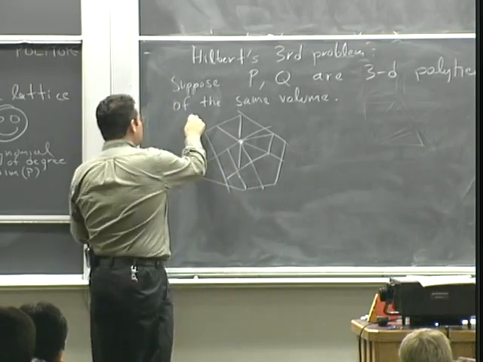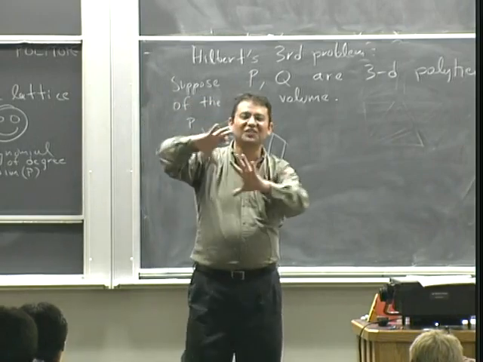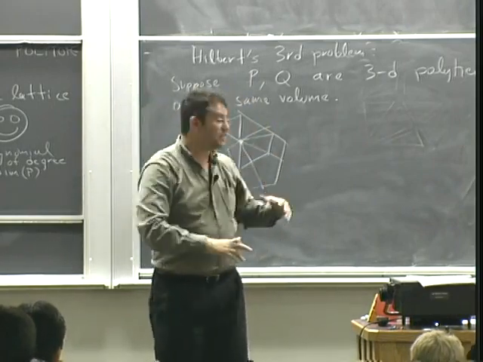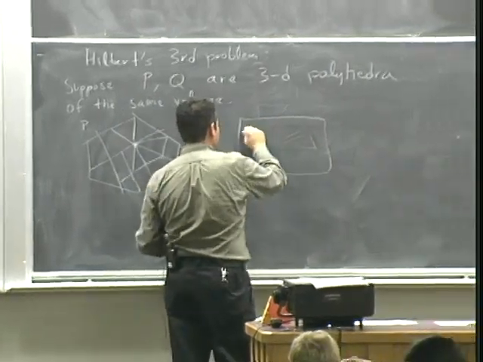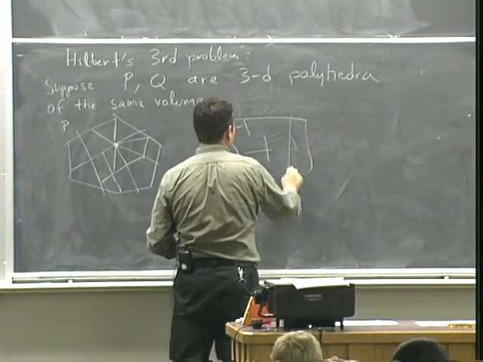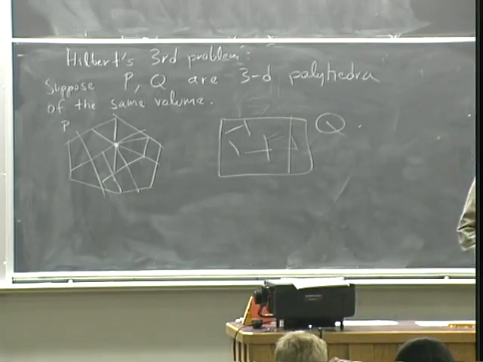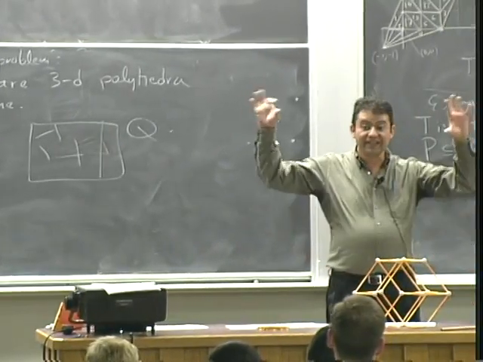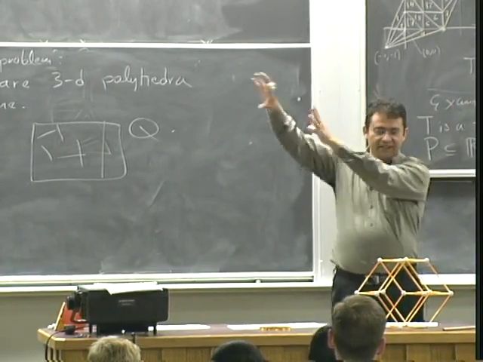If this is P, you cut the pieces, imagine it's a jigsaw puzzle, and then you rearrange it and you get Q. Is it true or false? Two things have the same volume. You can chop up one, rearrange it, and get the other one.